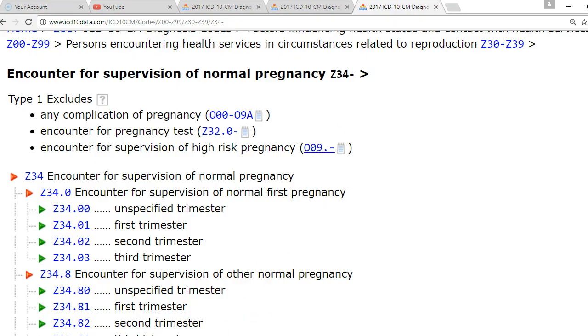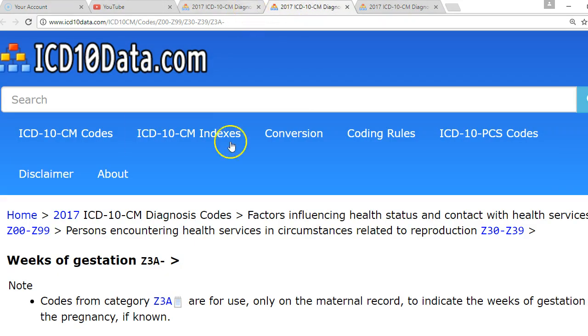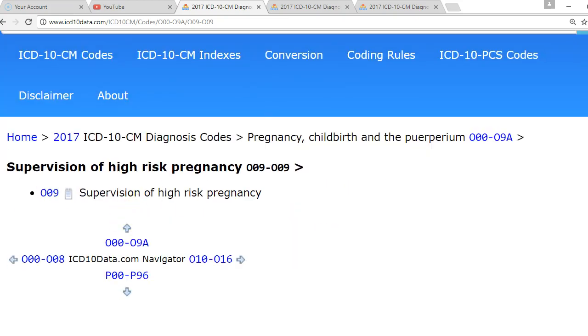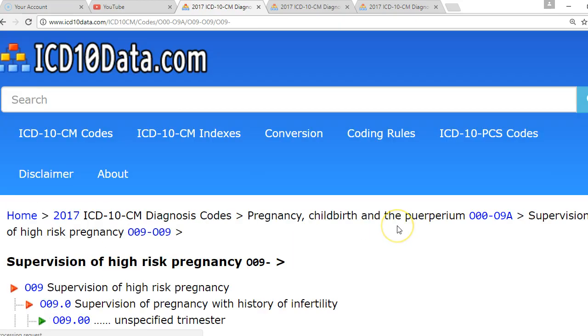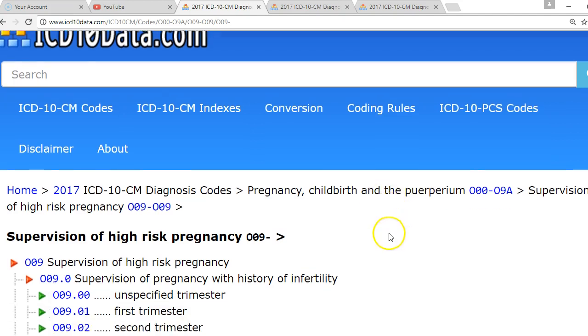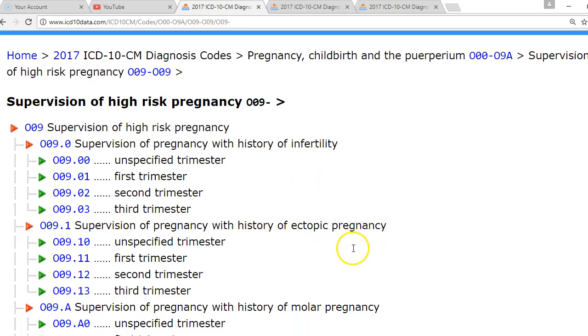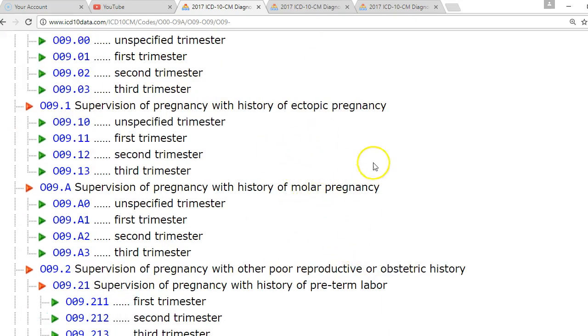Okay, so let's look at some of these codes. Supervision of high-risk pregnancy. What's considered high risk? All right, history of infertility, history of ectopic pregnancy, so a pregnancy outside the womb, history of a molar pregnancy, which is just a multi-celled organism instead of a fetus, supervision of a poor reproductive or obstetric history.